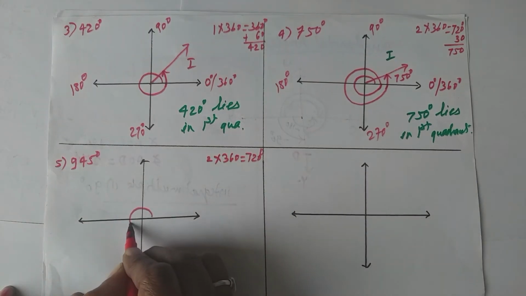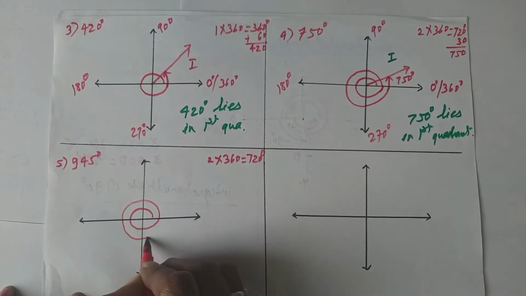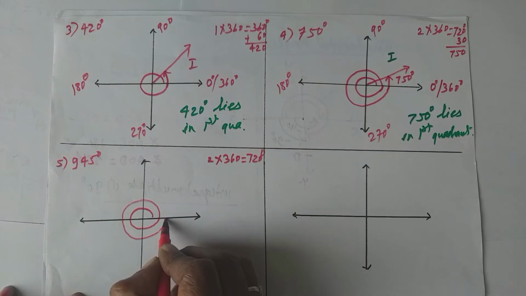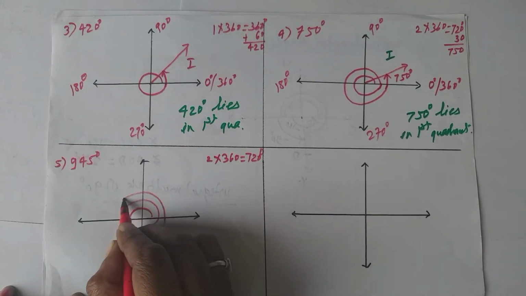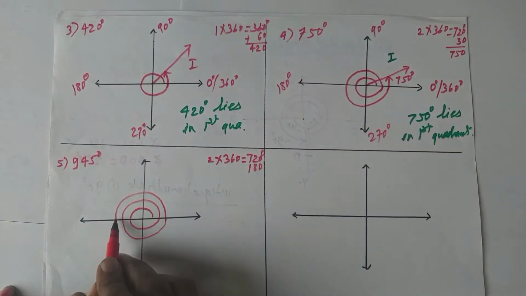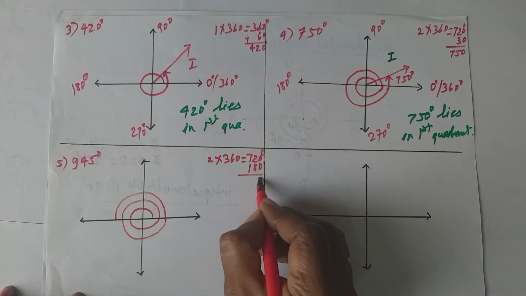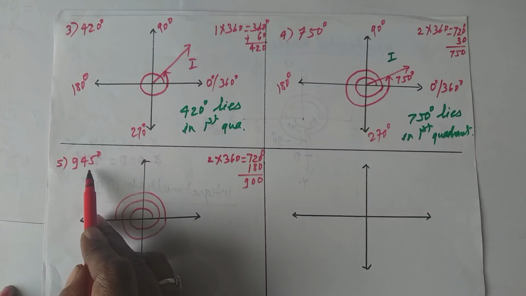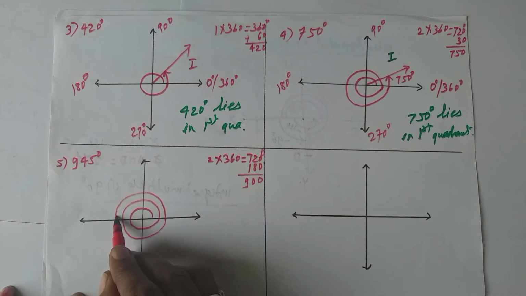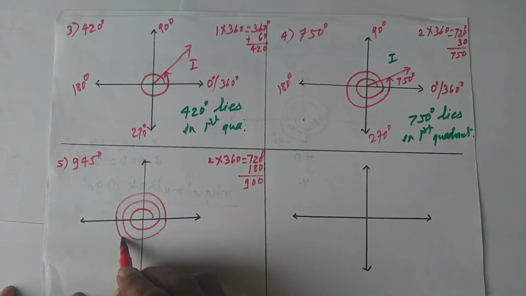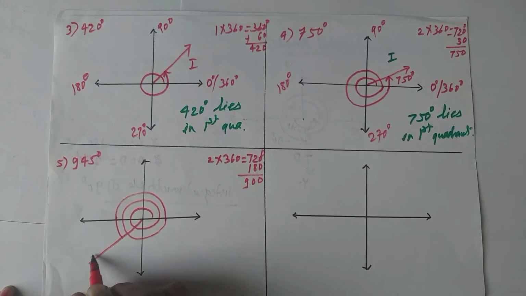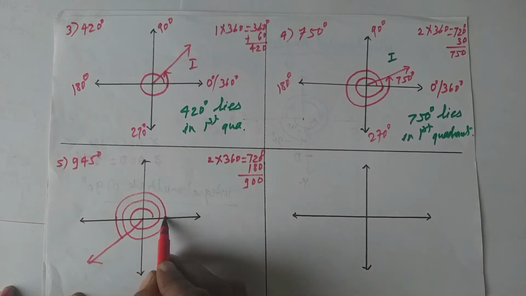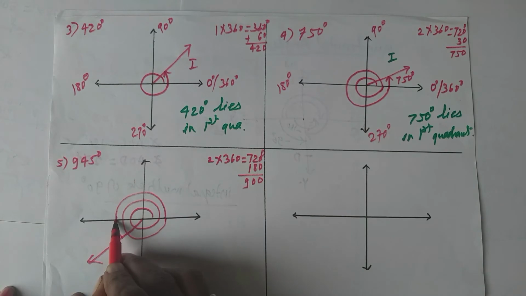See here, after 2 complete rotations, I got here 720. If I add 180 more, then I reach here. Then how many degrees is it? This is 900. The angle is 945, which means we have to move 45 degrees ahead.